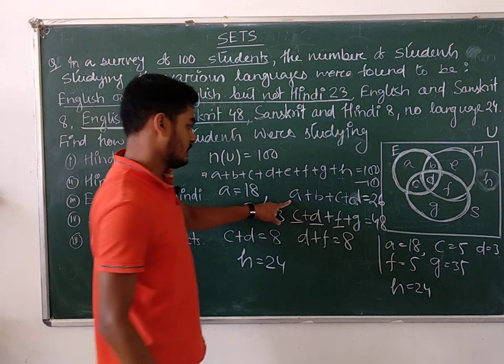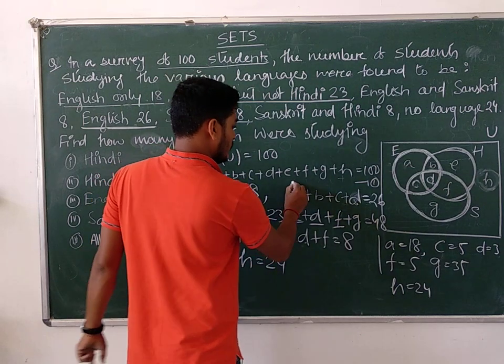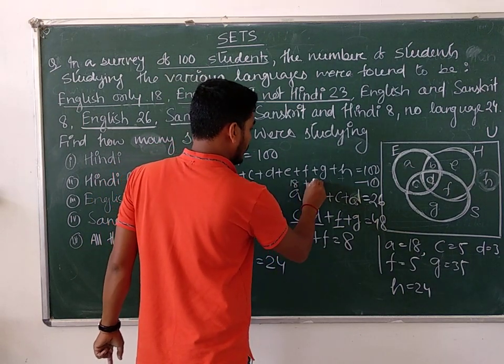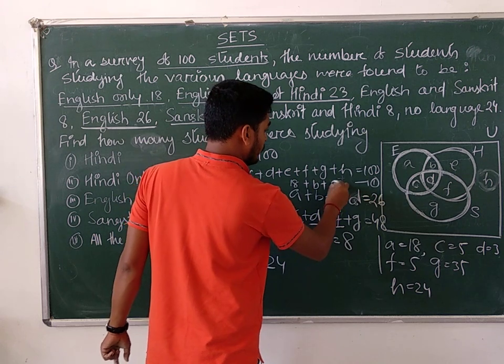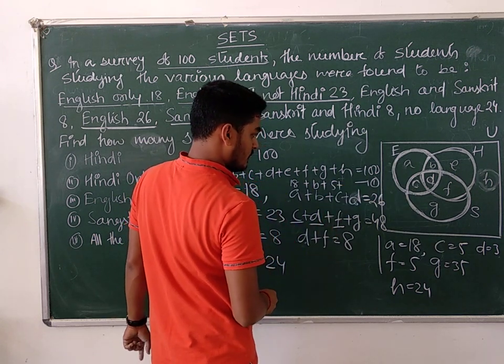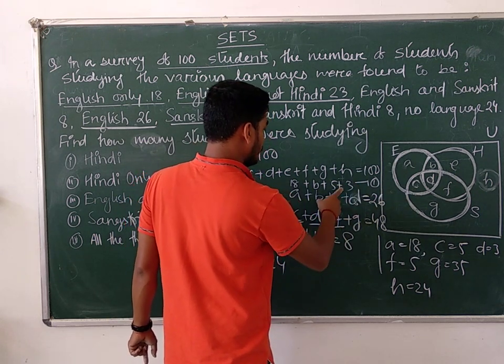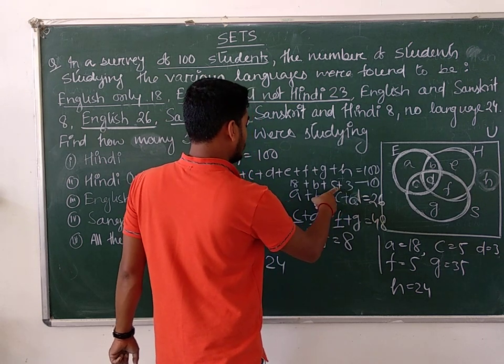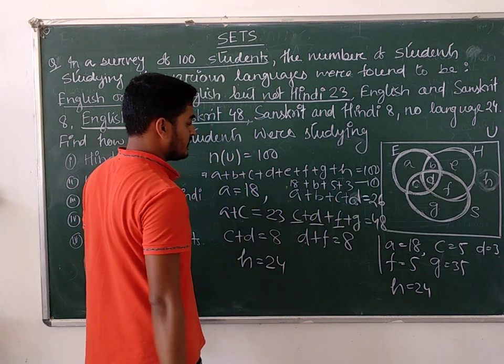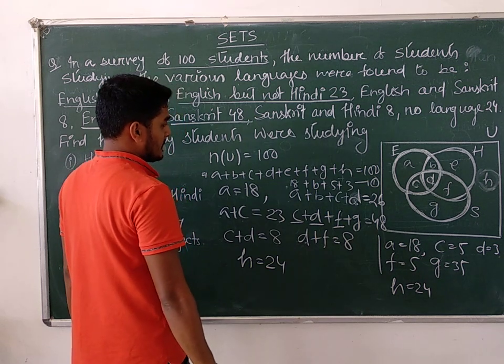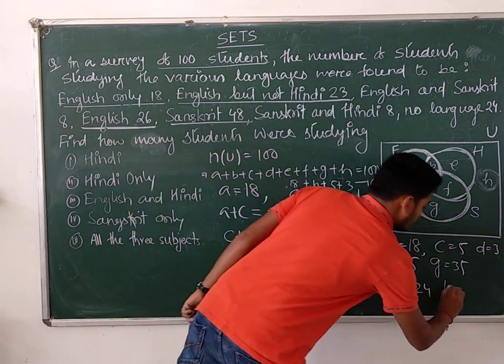B is not there. D is equal to 3. This one is 18 plus B plus C is equal to 5. D is equal to 3. So what is the value? 8, 26, 0. B is equal to 0.